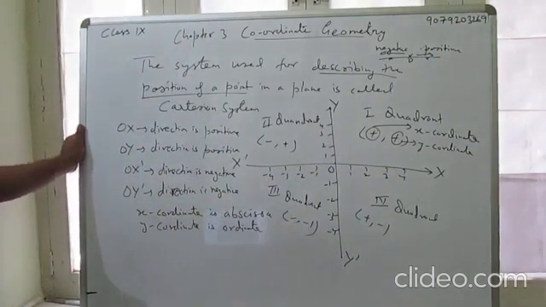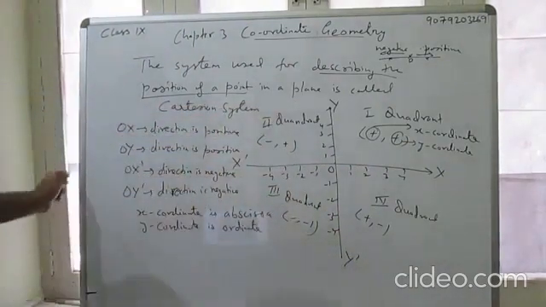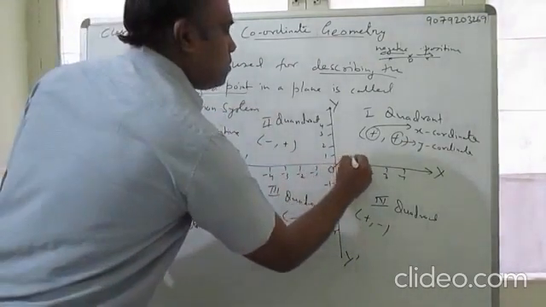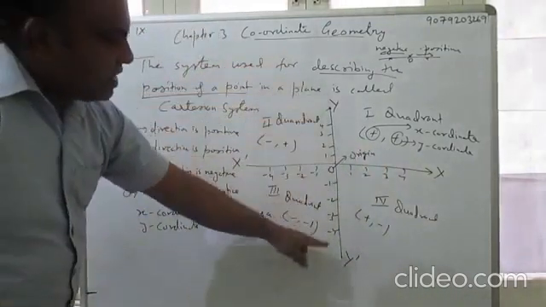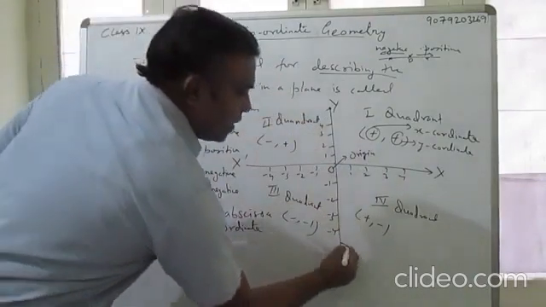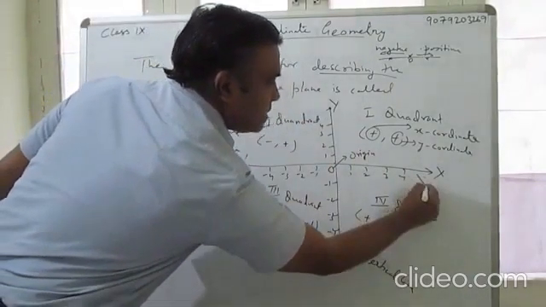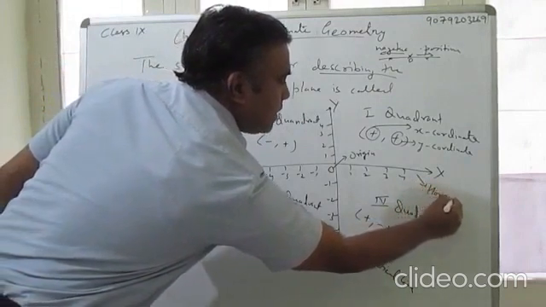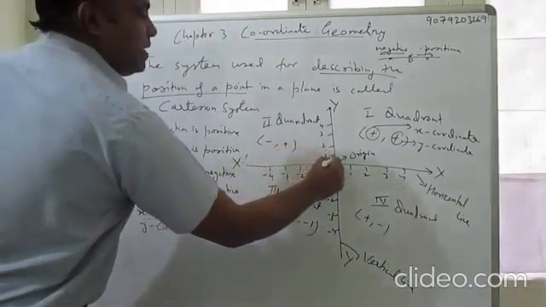So this is about the Cartesian plane. We also call it rectangular axis and this point O is called the origin. The Y dash line is a vertical line and this is a horizontal line. They meet at 90 degrees.